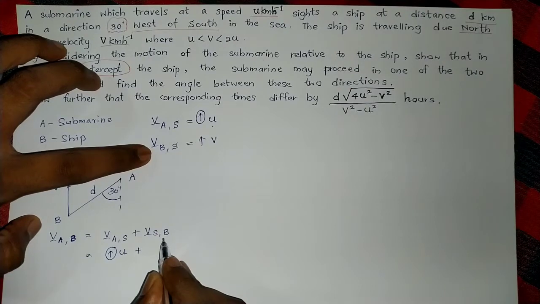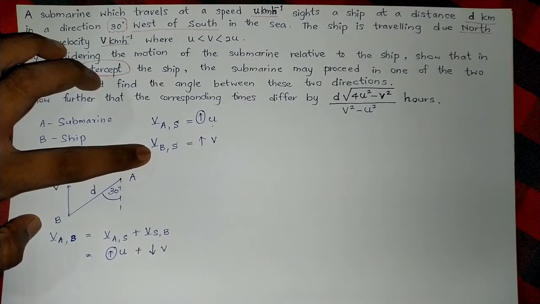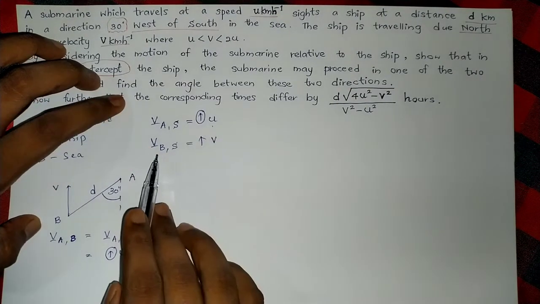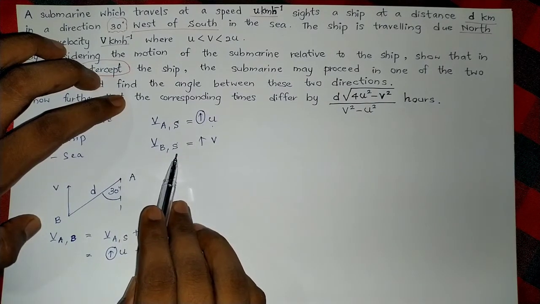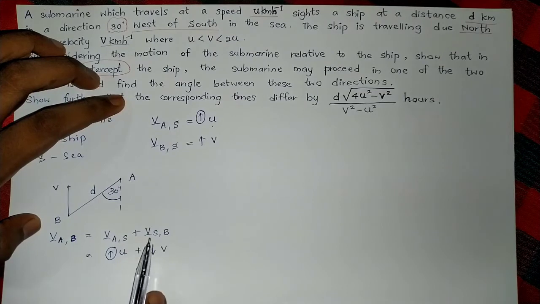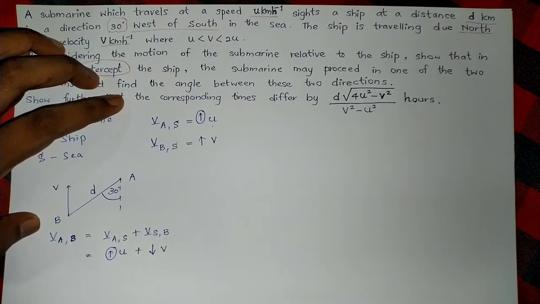S with respect to B is downwards, magnitude v. This is velocity of B with respect to ship, B with respect to C. So this is velocity of C with respect to B. So we have to change the direction.